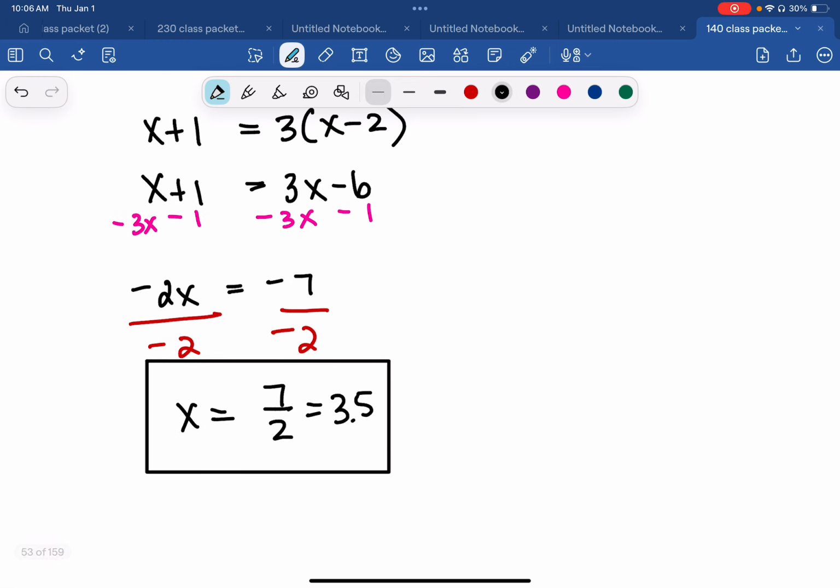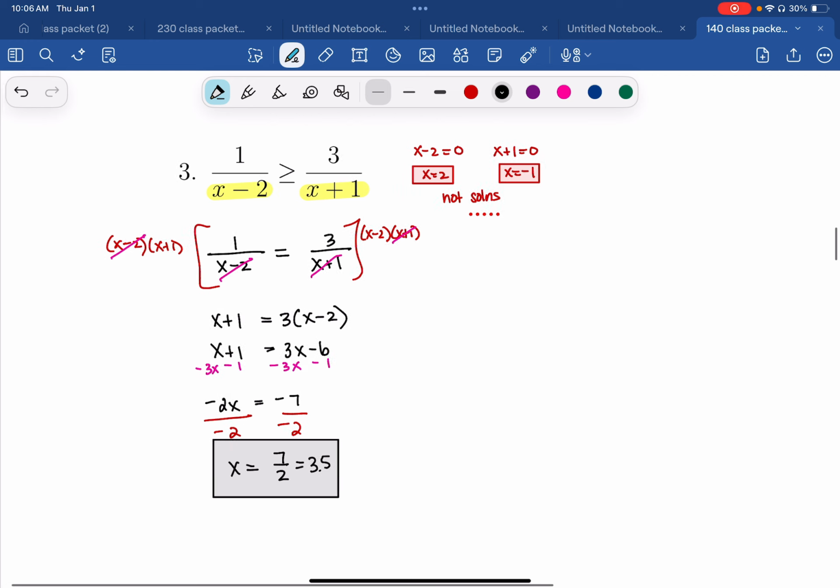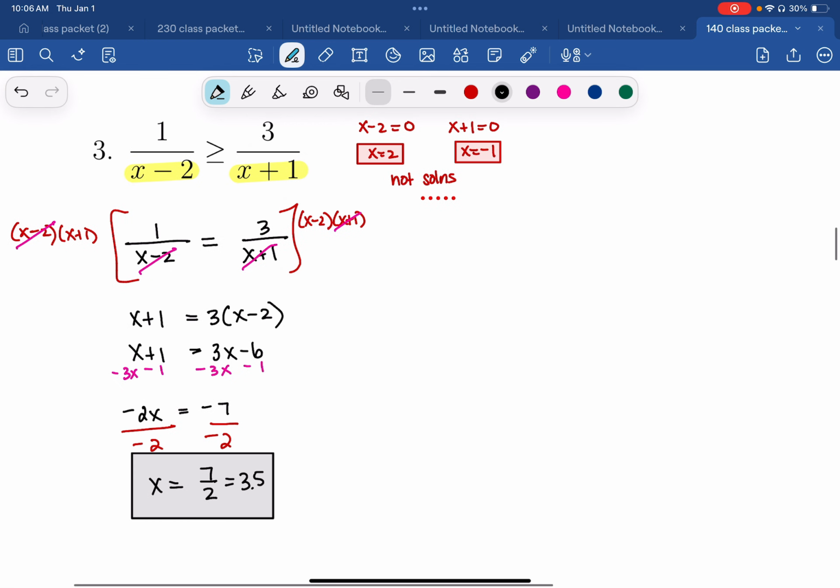Now this one we know is a solution because again, it's or equal to, and we set it equal to and solve. So 3.5 does work here. Question is, what are some other values that work? So what we're going to do is we're going to take our interval here and we're going to break it at all 3 places. So I have 2 points that are not solutions and 1 point that is a solution. And those 3 numbers are going to break up our number line.